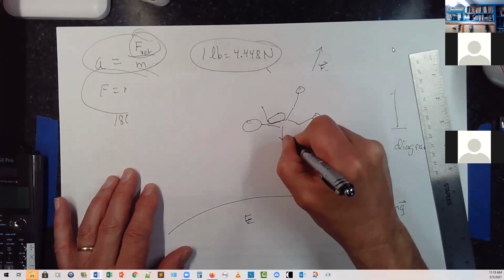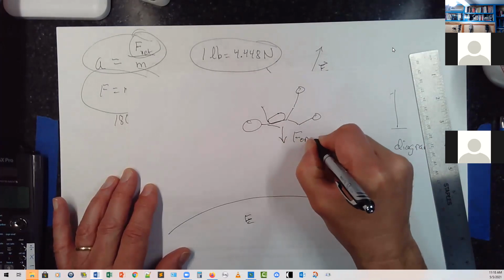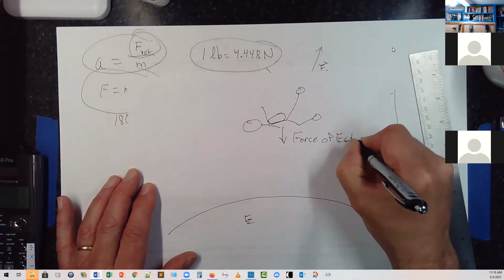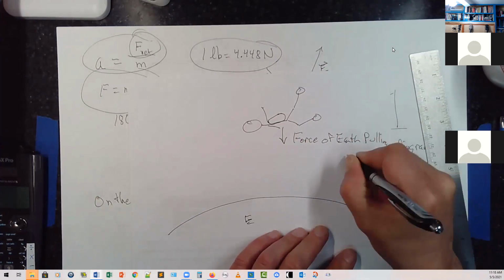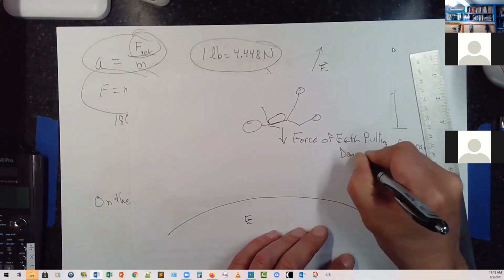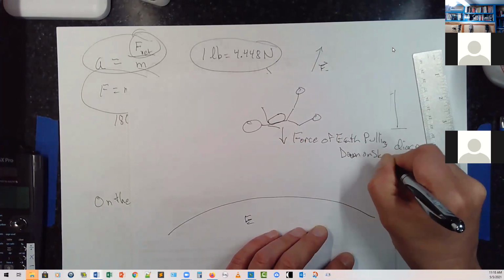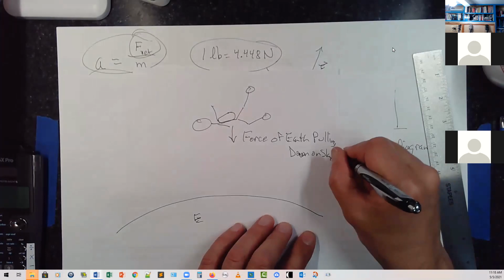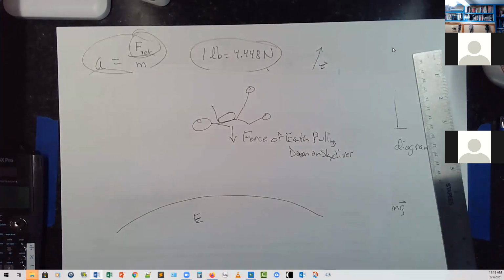So we can draw an arrow for that and label it: force of Earth down on skydiver. Running out of room. Okay, what is the third law partner of that force?